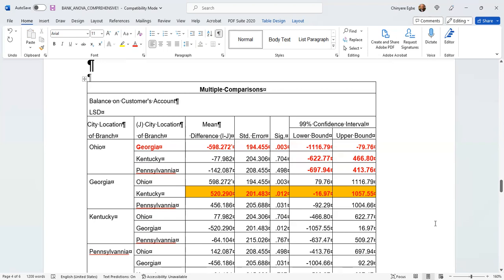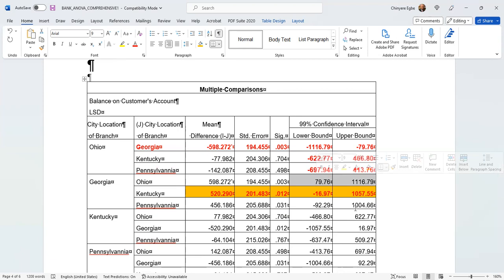You get it? Here you're comparing Georgia to Ohio again, and you get the same result. But when you compare Georgia to Kentucky and Georgia to Pennsylvania, you go from negative to positive, and so Georgia and Kentucky are the same, and Georgia and Pennsylvania are the same.